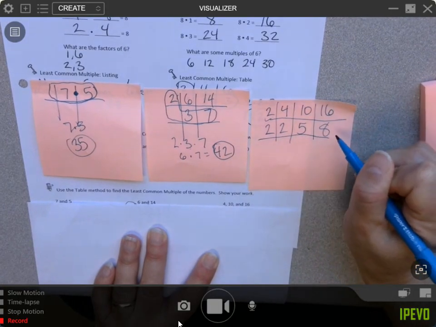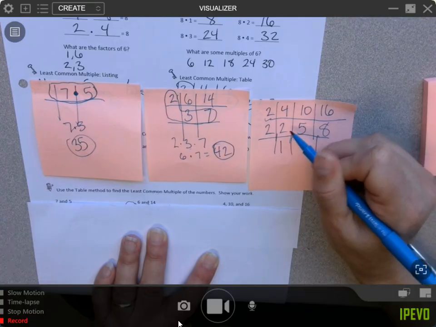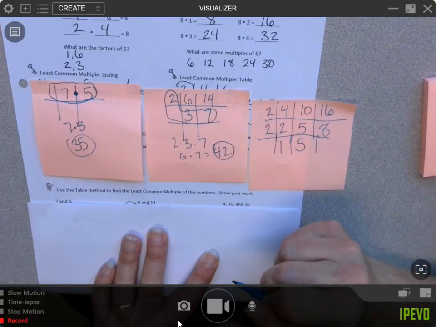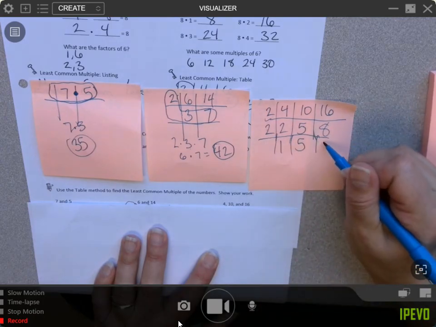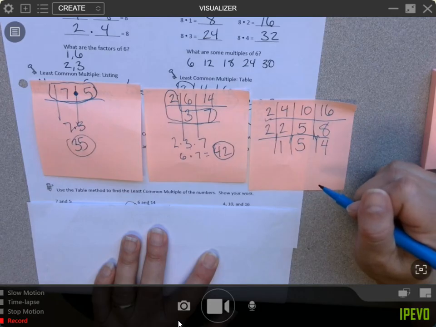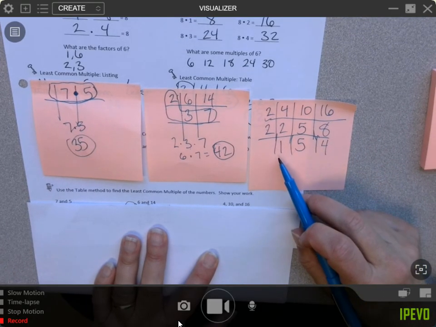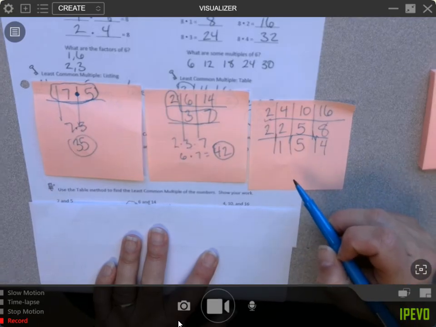I can say 2 divided by 2 is 1. I can't do 5 divided by 2, so I'm going to bring that 5 straight down. What's 8 divided by 2? It's that 4. Is there a number that I could divide out? Again, no. 1, 5, and 4, none of them share any factors.